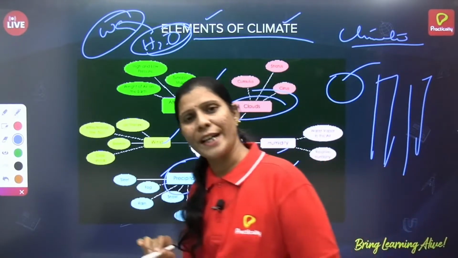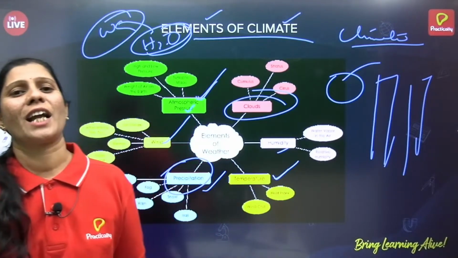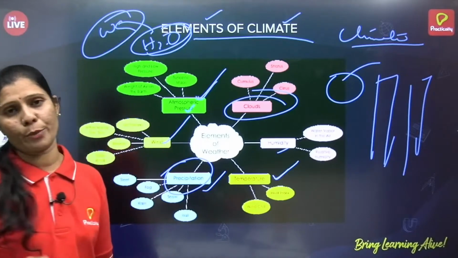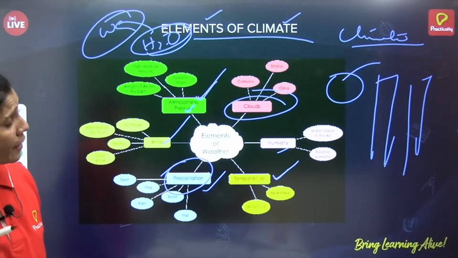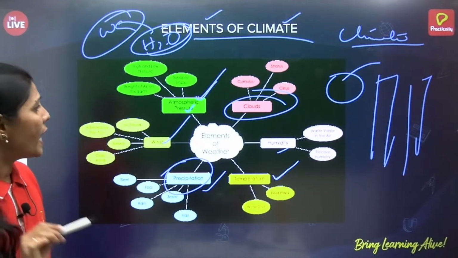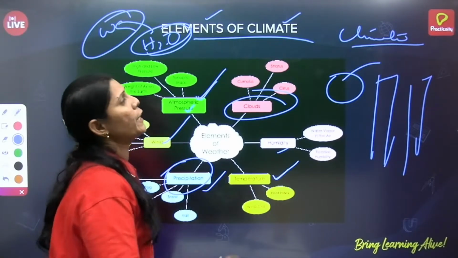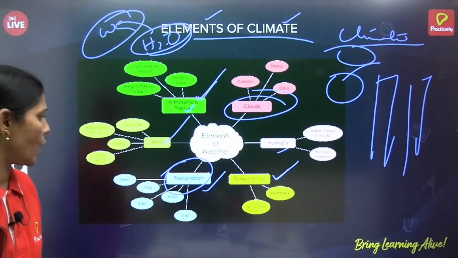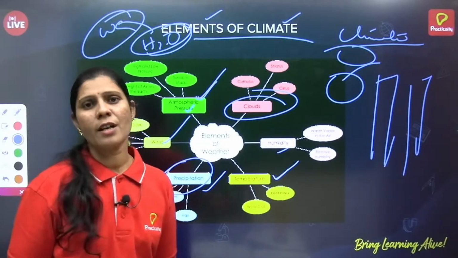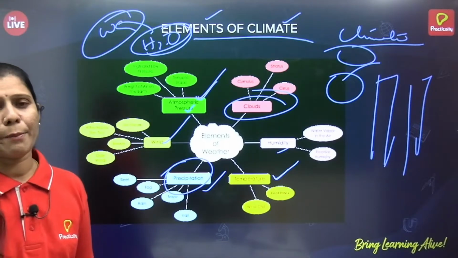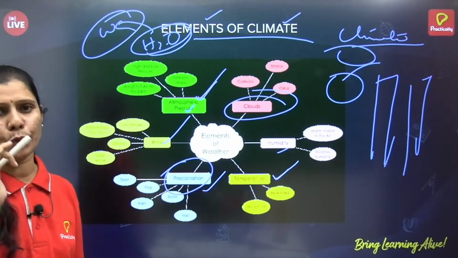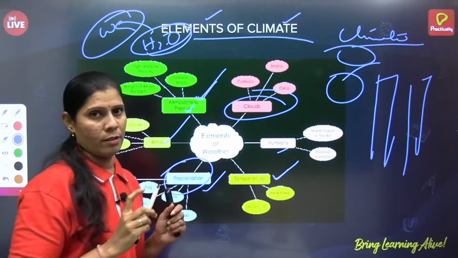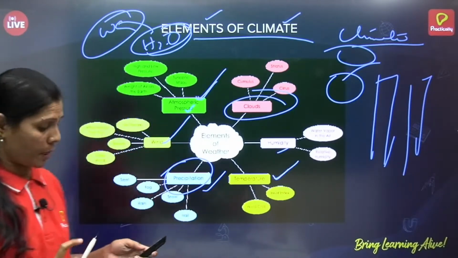Those graphs are called climatic graphs or climatographs. Please note it down: climatographs represent two features, one is temperature and the other is rainfall, that is precipitation.